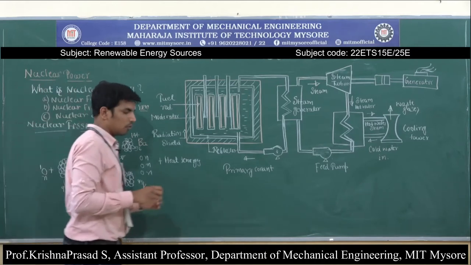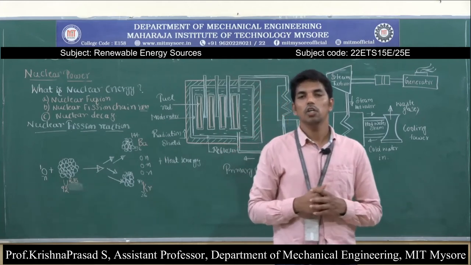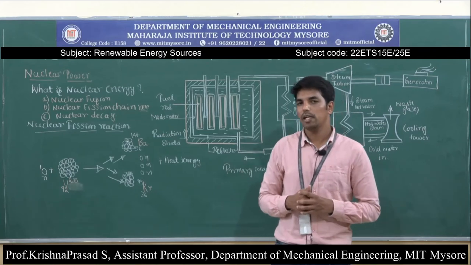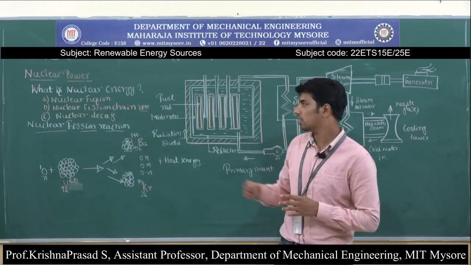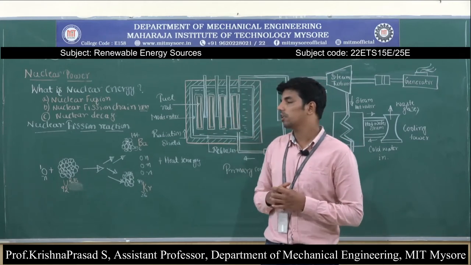So nuclear energy is the energy released during the nuclear fusion or fission of atomic nuclei, and it can be released with different nuclear reactions like nuclear fusion reaction, nuclear fission chain reaction, and nuclear decay.